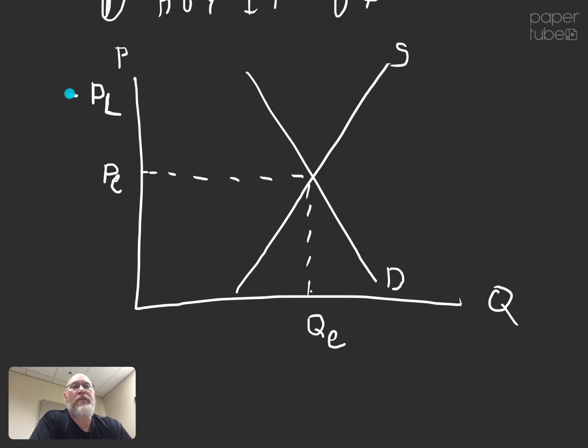Another way of thinking about this is if I wanted to buy corn from a farmer and I said, hey farmer, I would like to buy corn from you, and I know that PE, the equilibrium price, is not enough money. I want to buy it right here at this price. Well, the farmer's not stupid. He's going to say, yeah, but the government will pay me this price up here.